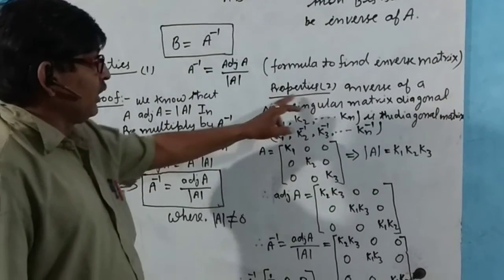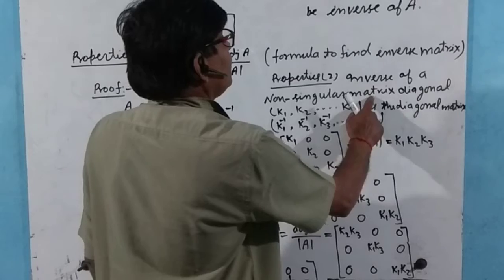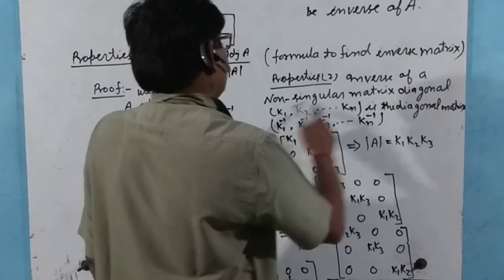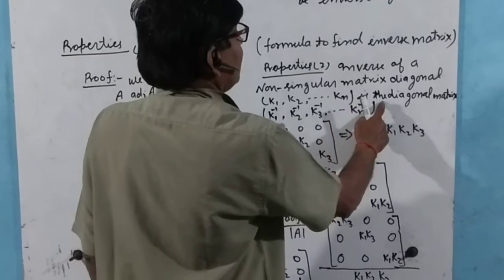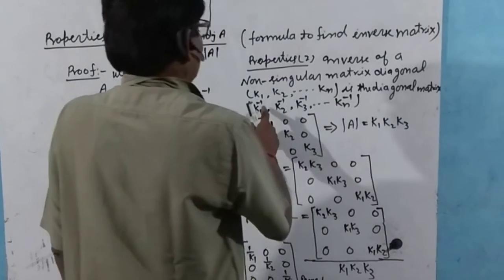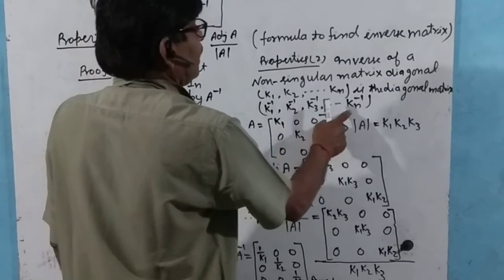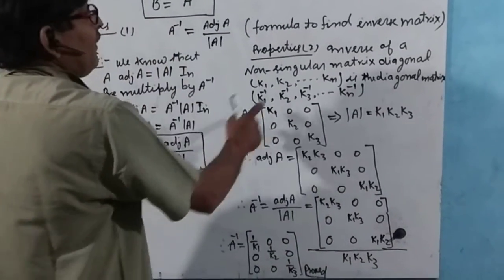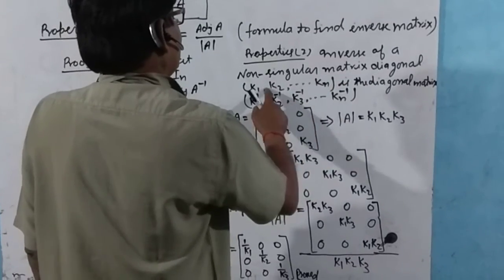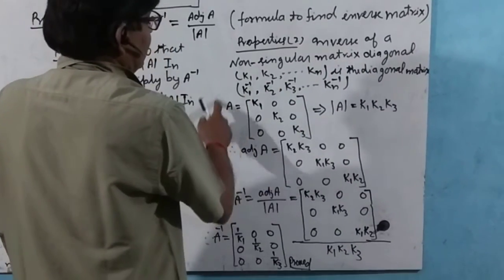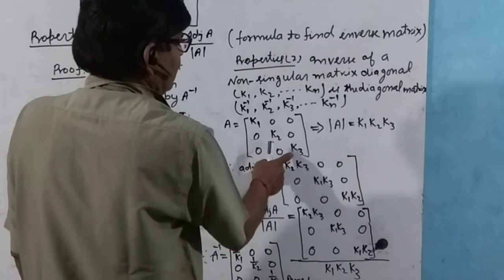Now property second: the inverse of a non-singular diagonal matrix diagonal K1, K2, K3 dot Kn is the diagonal matrix of K1 inverse, K2 inverse, K3 inverse dot Kn inverse. Let us suppose that A is a matrix of diagonal K1, K2, K3.